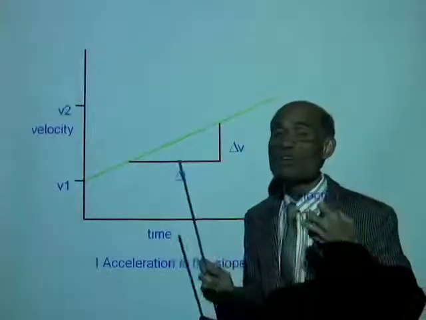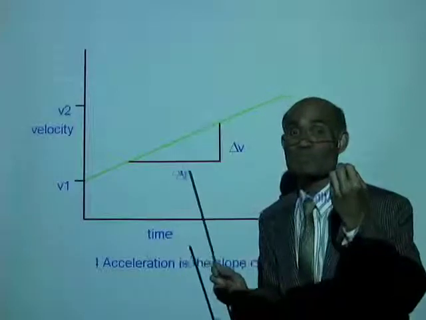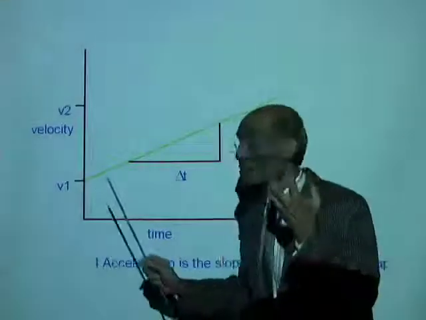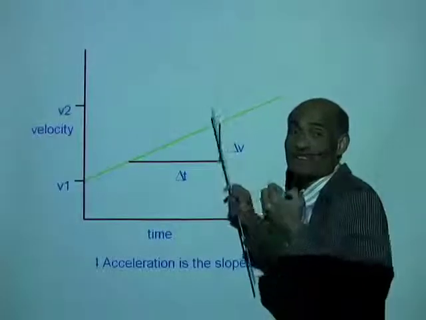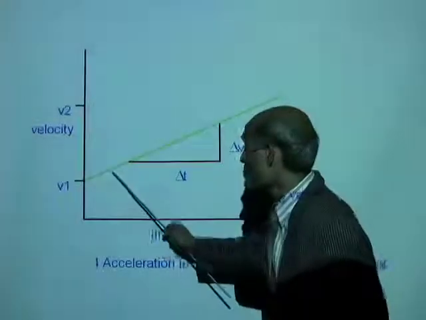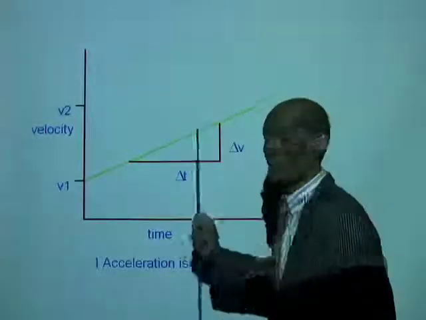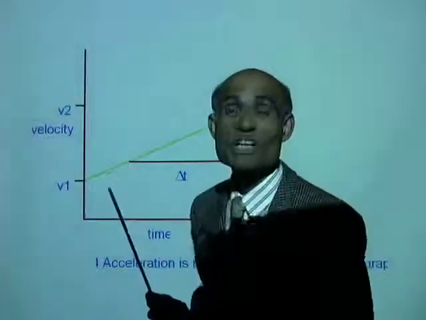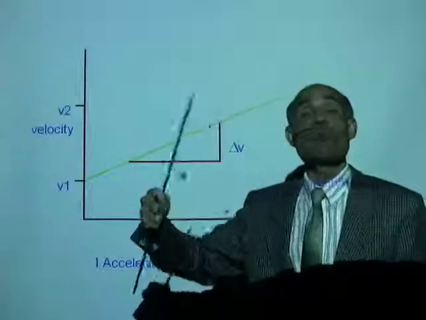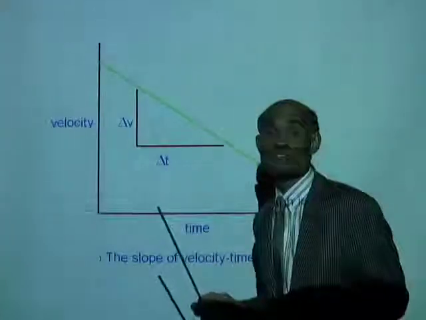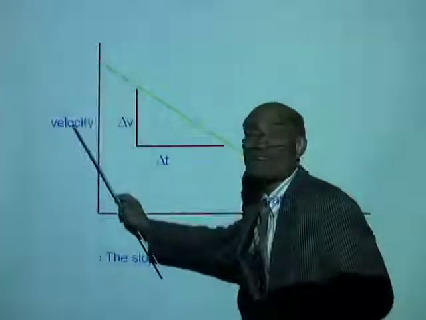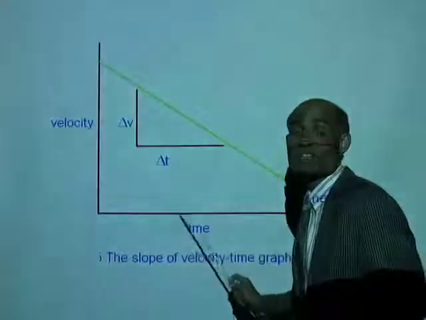How do you know if it is a positive acceleration? An acceleration is positive if the velocity keeps on increasing, right? So this is a positive acceleration. The slope of the velocity against time graph is the positive acceleration. Now look at the next graph. This is again a graph of velocity against time.